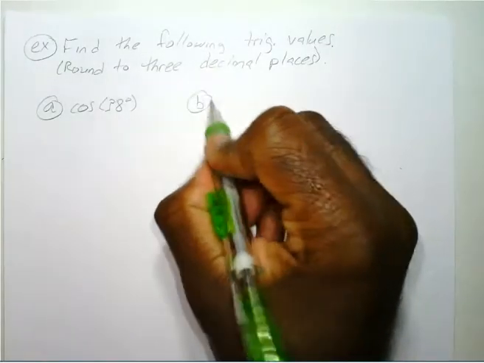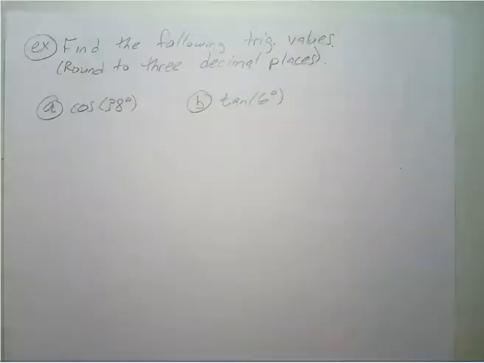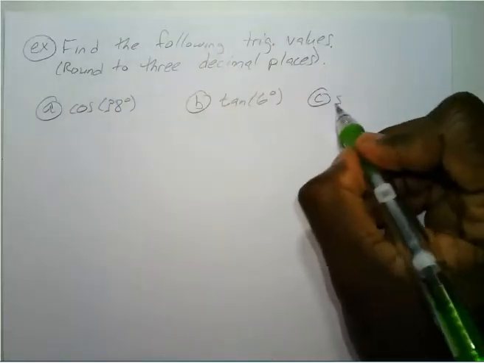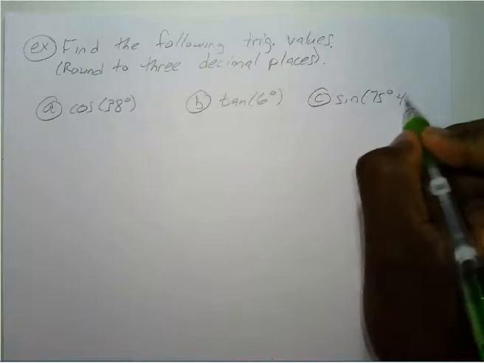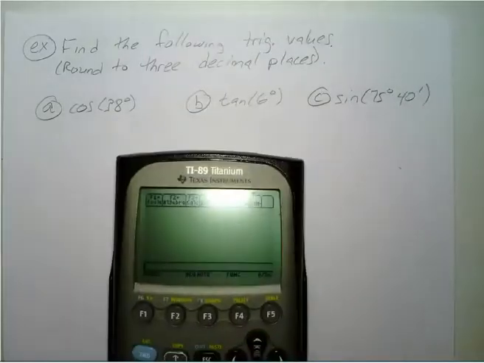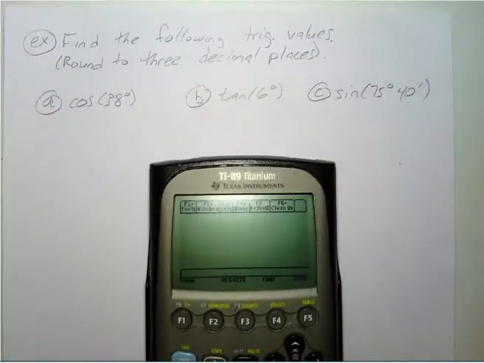For B, you have tangent of 6 degrees. And for C, you have sine of 75 degrees, 40 minutes. Okay, so this is where you're going to need your calculator. If you have it there, I'll go ahead and sit it right there. Should be enough to see it.